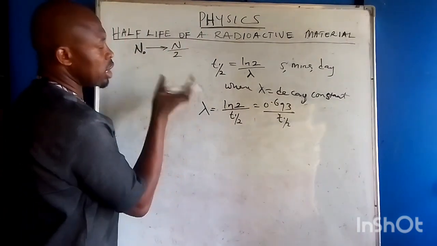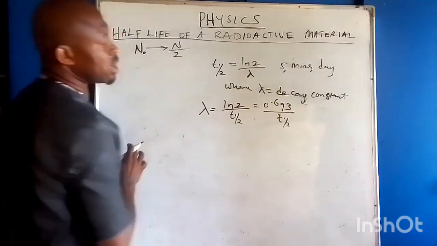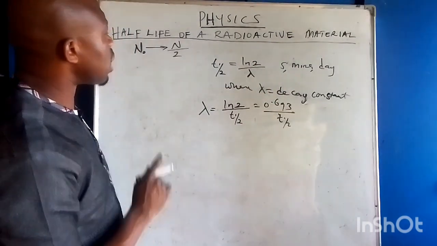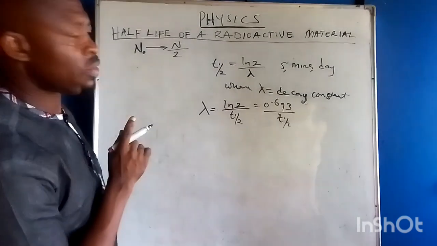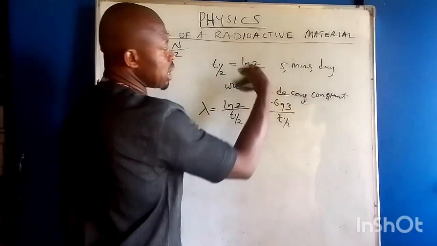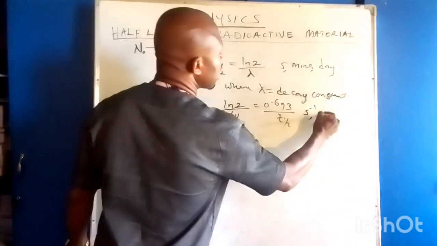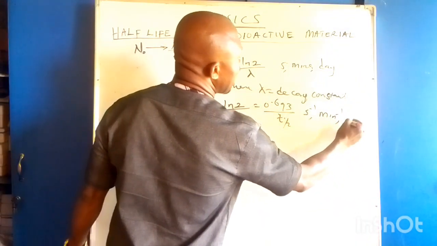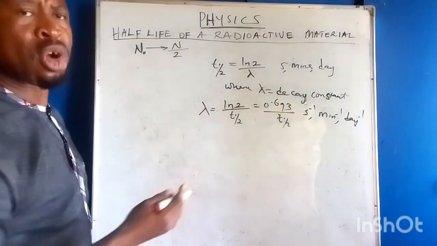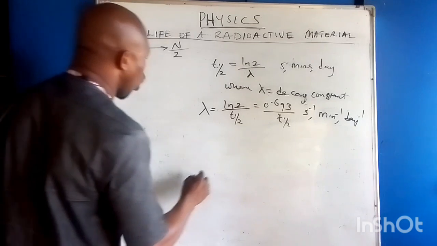It is the inverse of the half-life, so its SI unit is per minute if the half-life is in minutes, per second if in seconds, and it can also be per day, per year, per month, or per week, as the case may be. Now, the next thing I want us to look at is the decay law.